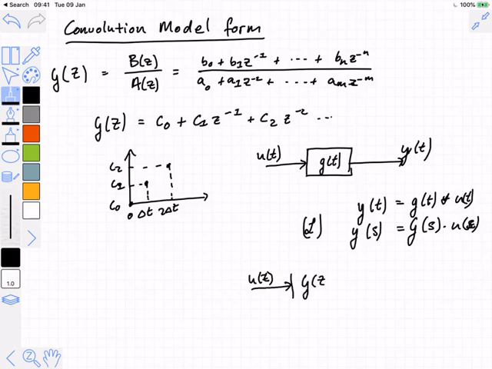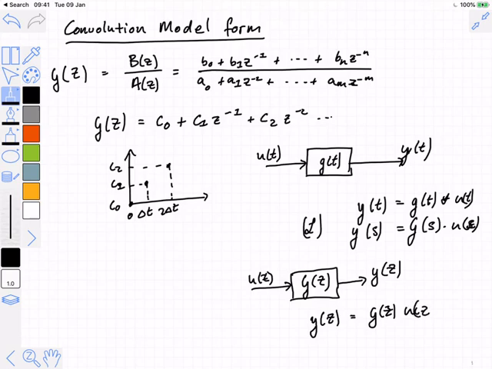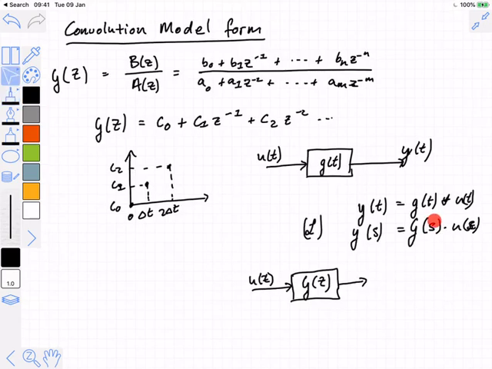And so by analogy, we can say that if we had some u of z with a g of z, now this seems quite obvious, but we've had to prove that this is the case, that we also have y of z is equal to g of z times u of z. And what that corresponds with in terms of the analogy with the time domain, so in other words, when we took a transfer function in the Laplace domain and multiplied by an input signal in the Laplace domain to get an output in the Laplace domain, that corresponded to continuous convolution.